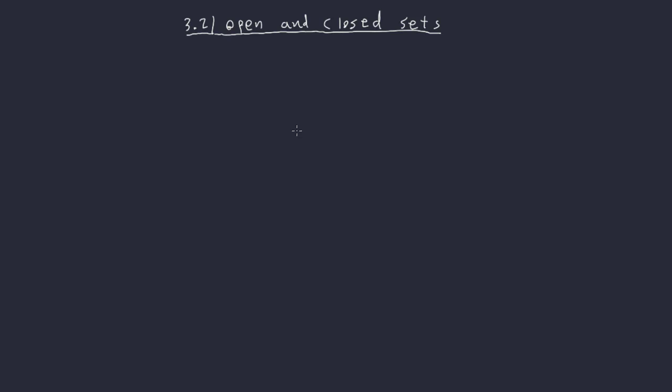So far, really all we've had is what we mean in terms of intervals. So in terms of intervals, we know that, say, (a, b), or (a, infinity), or (negative infinity, b), these are all open.